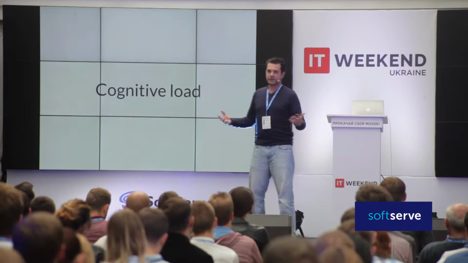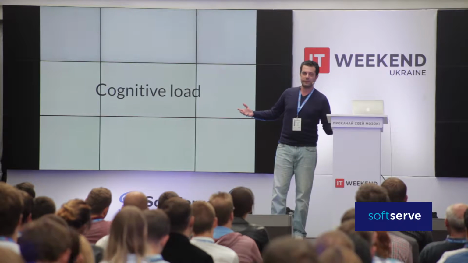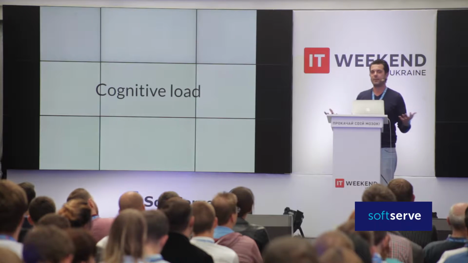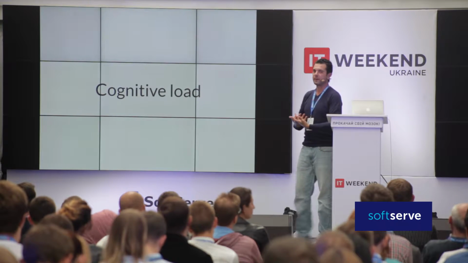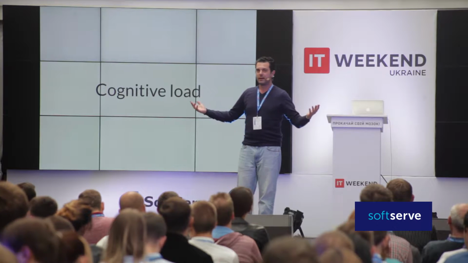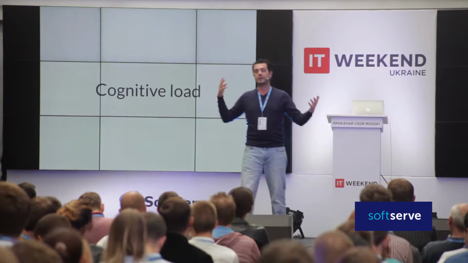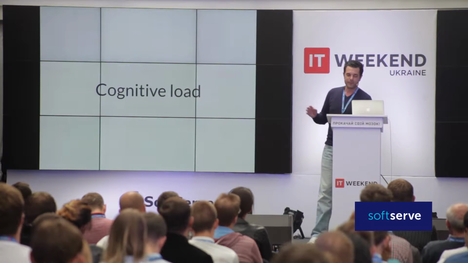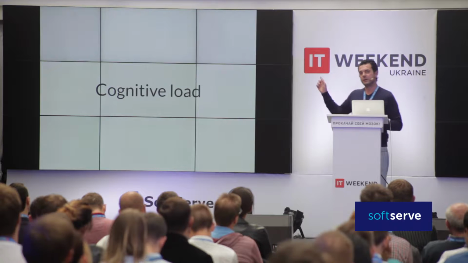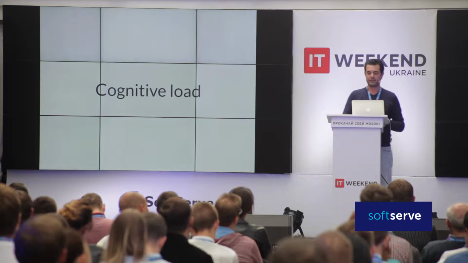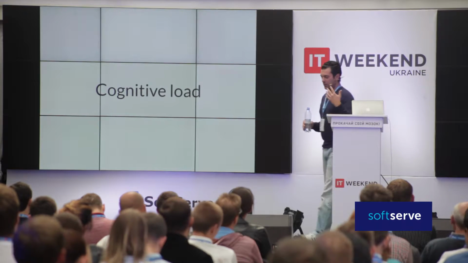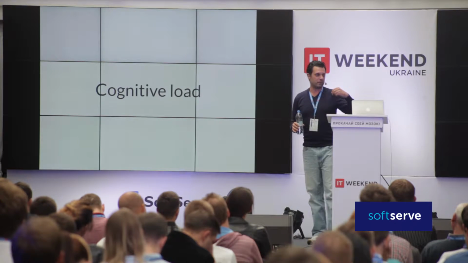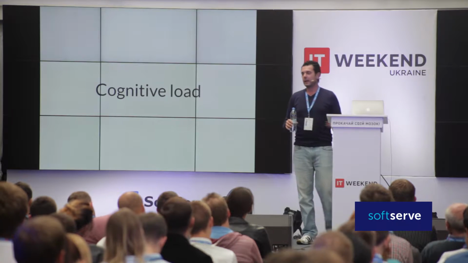Of course, this is a limited system, and so we should talk about what happens when we overload the system. Okay, when you overload the server, it crashes, it restarts. If you're lucky, it does not lose any data, lucky you. But in the case of human systems, we talk about cognitive load. So, cognitive load happens pretty much every day. Maybe we do not identify it immediately, but it happens.